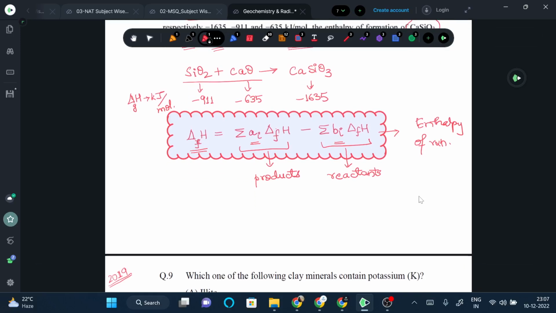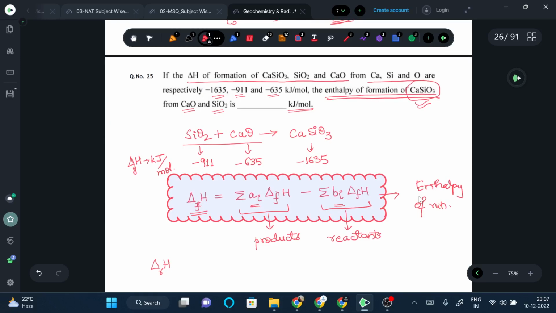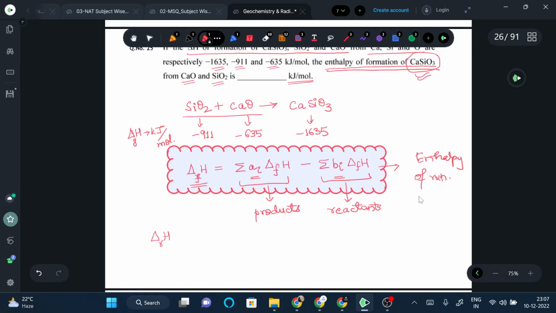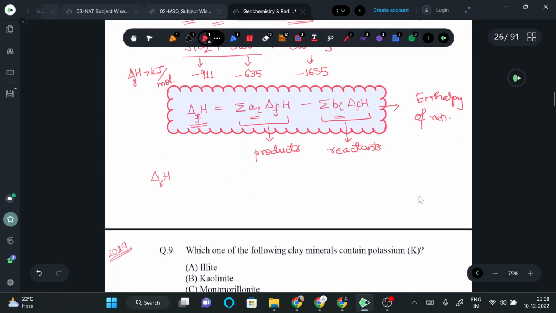Now using this formula, we just have to calculate this delta HR, and it is asking in kilojoule per mole, and each of the values is already given in kilojoule per mole. So we don't need to worry about the units. Here we have 1 into, what shall I write here? Delta HF for products.